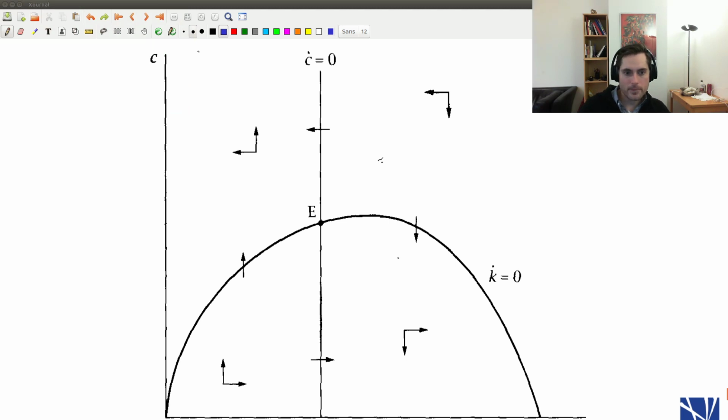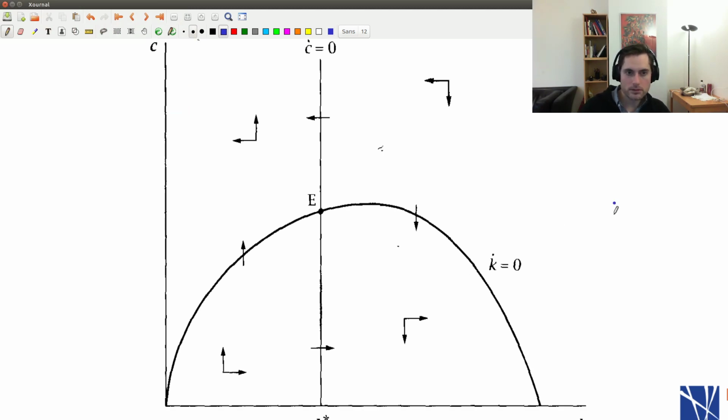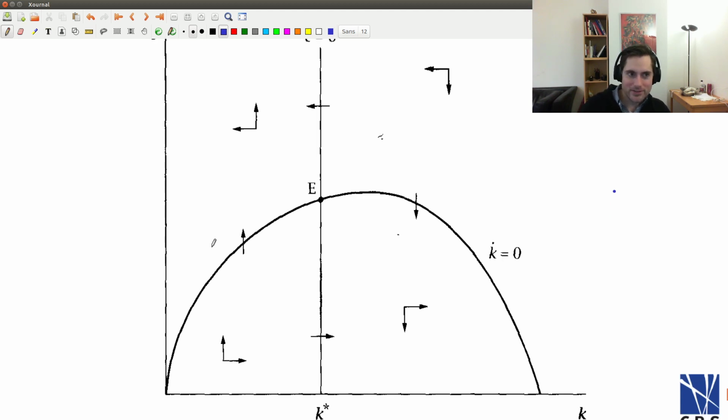Just can't see this, it says k star on the bottom there. I can't keep both k star and c in. This is c over here. Okay, so we're combining these two lines. This is where k dot is equal to 0, like we just talked about, and this is where c dot is equal to 0. Recall that on this side of the c dot equals 0 line, we have a falling level of consumption per unit of human capital. On this side, we have a rising consumption per unit of human capital.